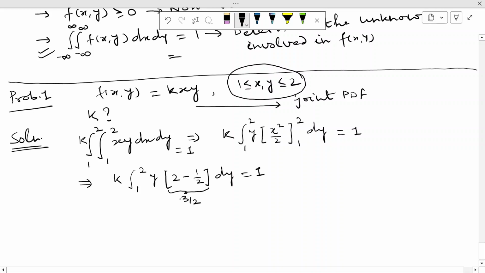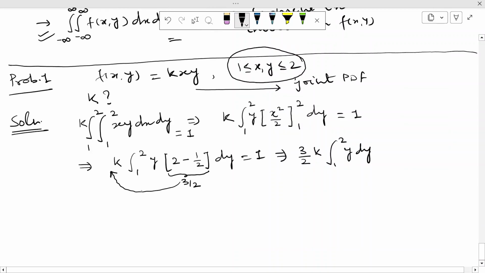Because this is constant, we can take it outside of this integral. From here you will obtain 3 by 2k, the limits are 1 to 2, and we have to perform the integration with respect to y. This will give us 3 by 2k, and of course this is equal to 1.